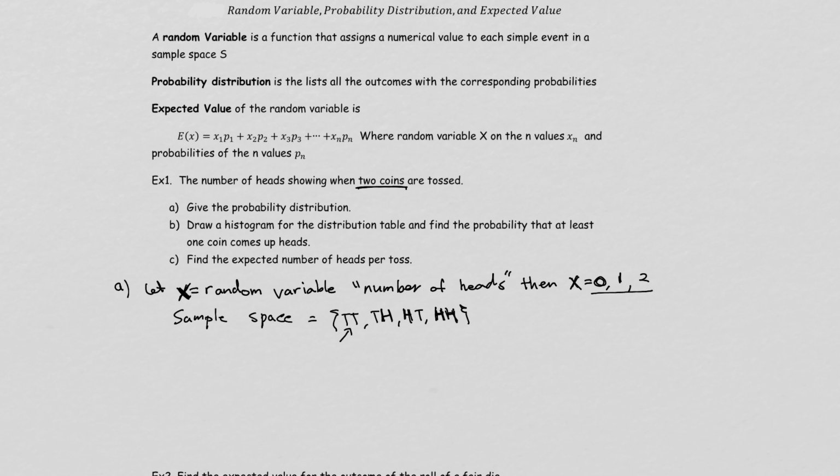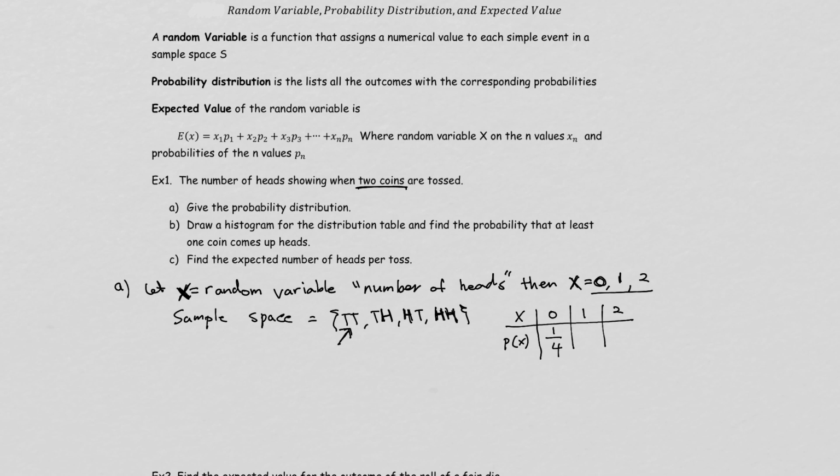And this one is asking us to graph or draw the probability distribution. So the probability distribution for the number of heads, 0 times, 1 time, or 2 times, is as follows. The probability of 0 heads is only 1 out of 4.